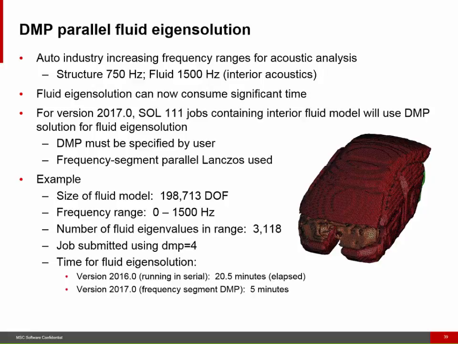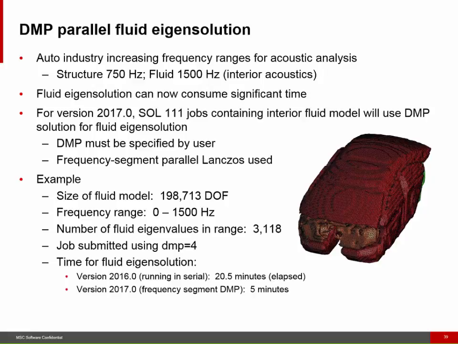So in version 2017 of MSC Nastran, when you run your solution 111 job with an interior fluid model and run with DMP, the solution of the eigenmodes for the fluid will be parallelized with DMP. And that is done in the frequency segment parallel Lanczos method. So we chop up the frequency interval into several pieces and solve each interval in a separate process.